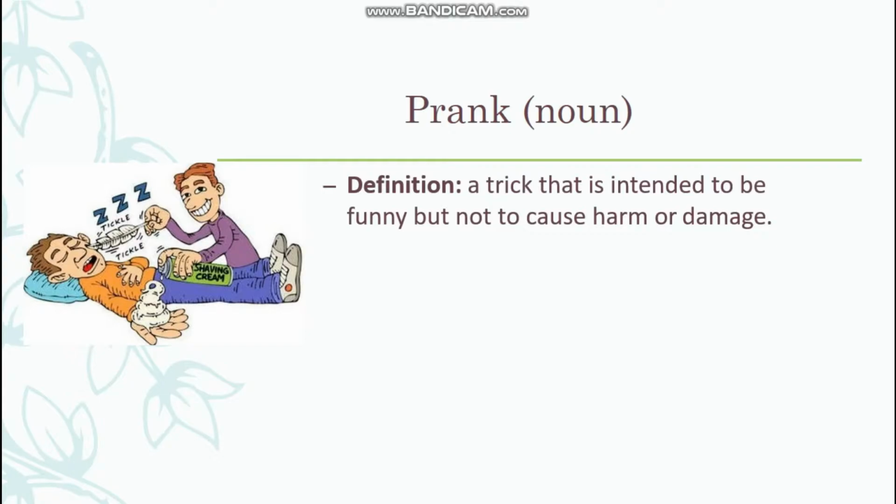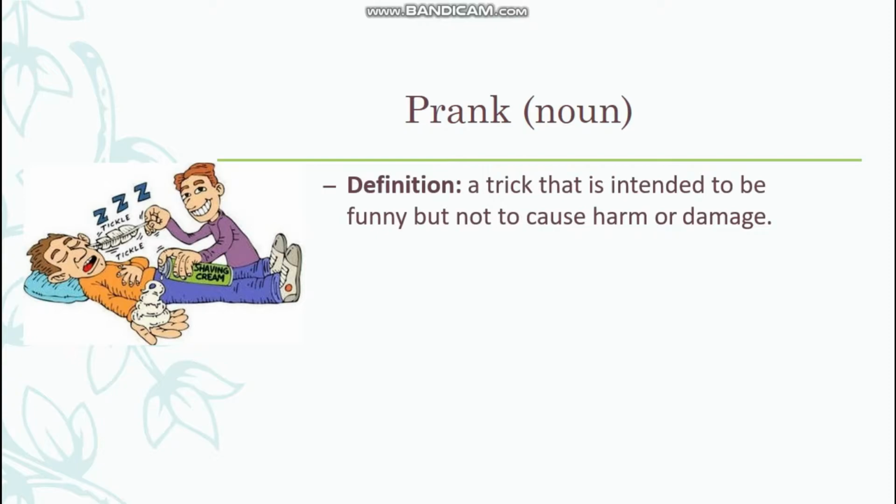So the definition of the word prank is a trick, and as you already remember, we spoke about April Fool's Day in a previous lesson during week 1, and the word prank was already mentioned there as a trick that is executed on others.